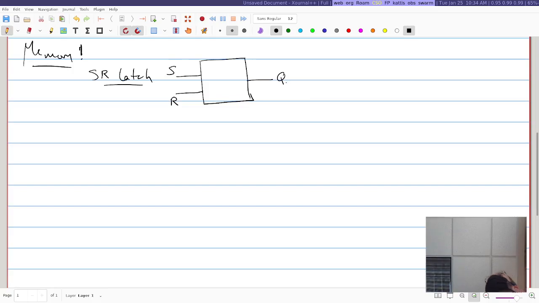These are the traditional letters when you do these things. I'm going to call this Q out. Then how do we talk about it being memory? We can't just talk about it in terms of these inputs mapping to this output, because we want the output to remember what it was before. So how do we do that?